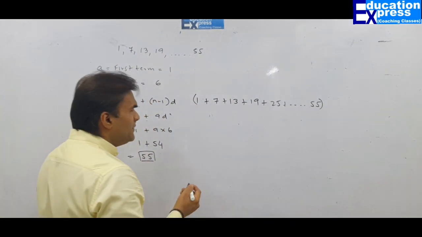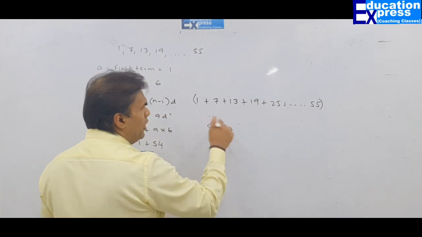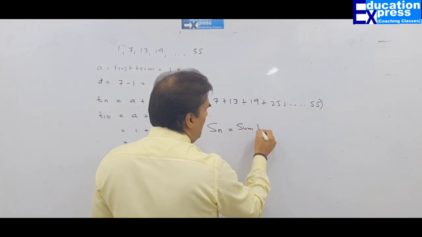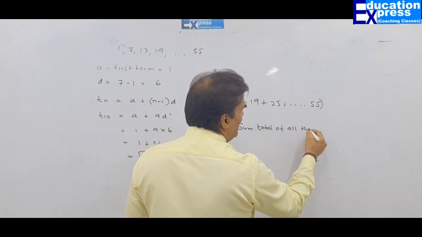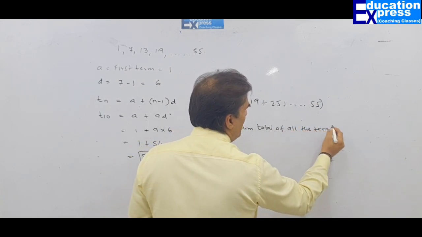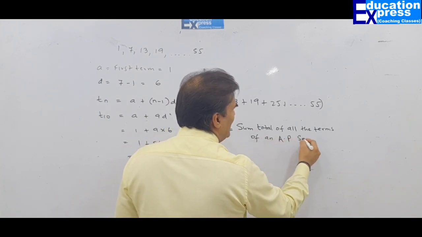Very simple, sir. We have a formula Sn, the sum total of all the terms of an AP series.